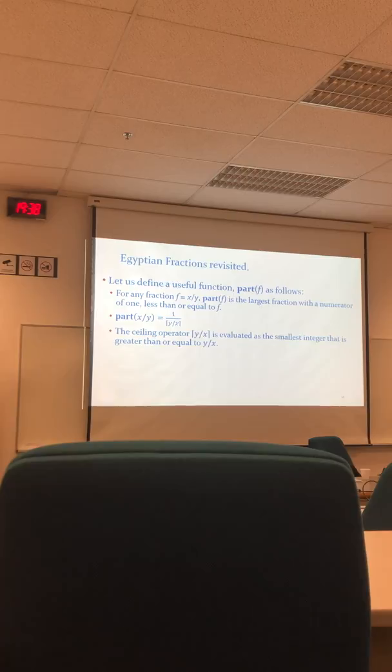So the formula is when we calculate part x upon y, we have to take 1 upon ceiling of y upon x. Interchange x and y when you calculate the ceiling. So that's 1 upon 2. So that means the first term in the Egyptian fraction should be 1 upon 2.